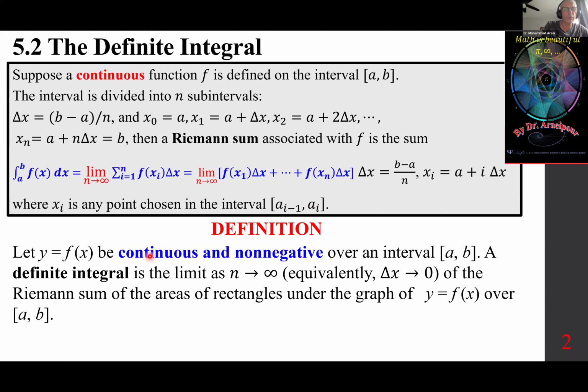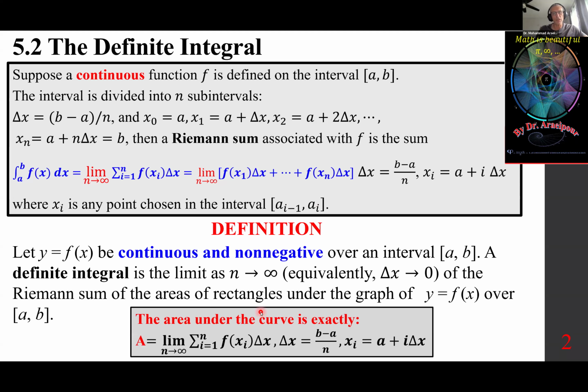Here's the definition. Let y equals f of x be continuous and non-negative over an interval from a to b. The definite integral is the limit as n approaches infinity, equivalently delta x approaching 0, of the Riemann sum of the areas of rectangles under the graph of y equals f of x over a to b.